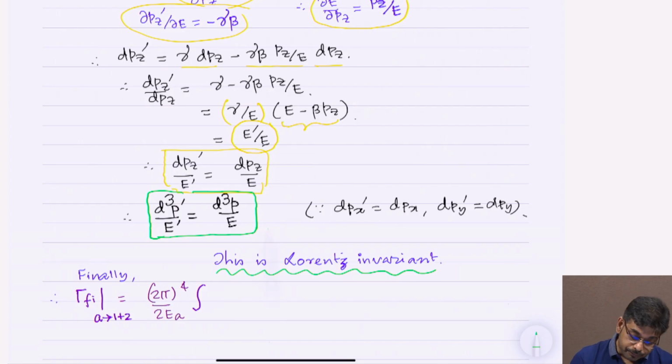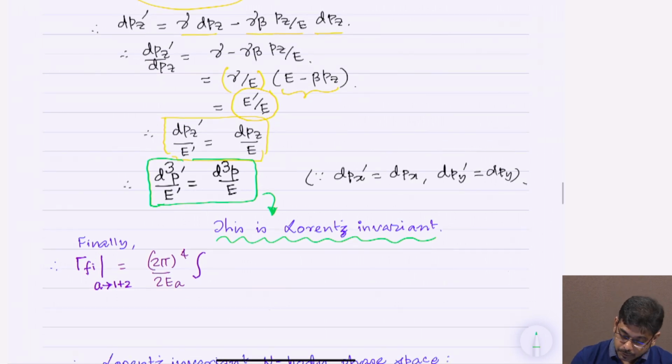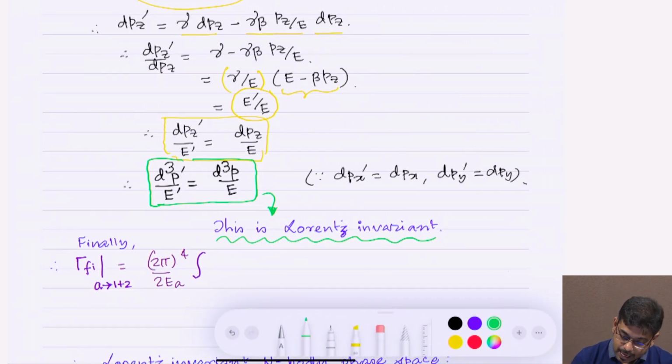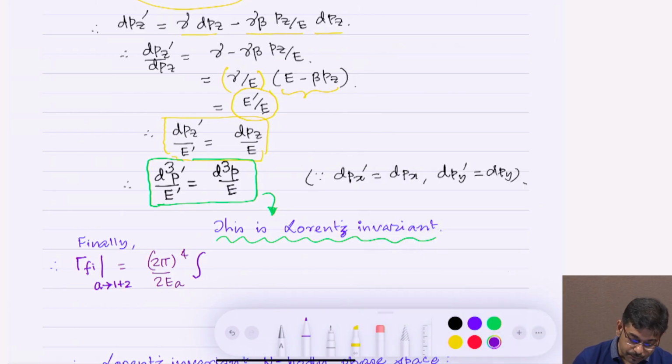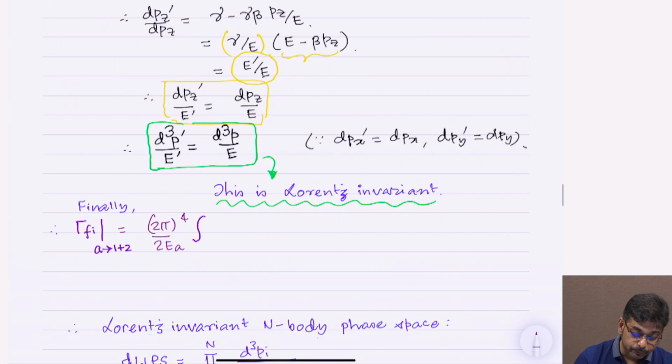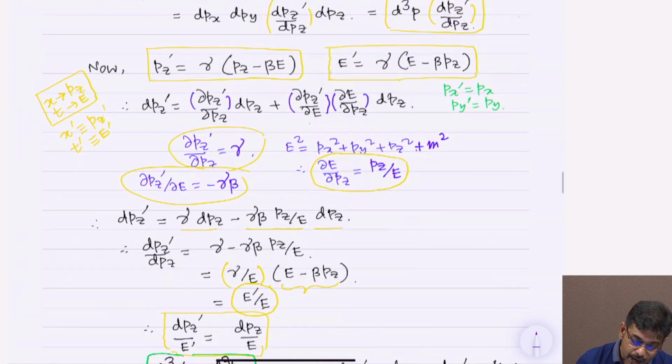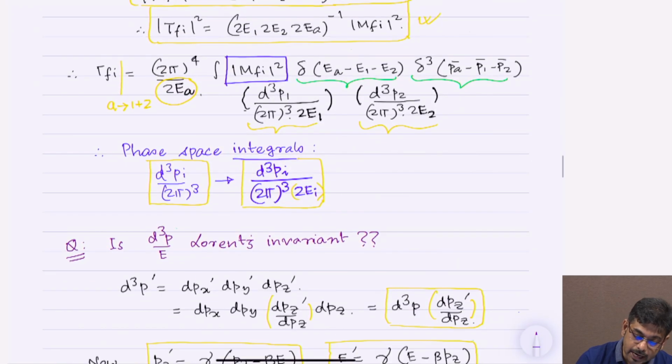So, now finally, we would like to once again get back to the expression of the decay width that we actually computed. So, we said that for the process A going to 1 2, how exactly we can write the decay width? The decay width will have a factor of 2 pi whole to the power 4 by 2 Ea, where Ea corresponds to the energy of the initial state particle A, and then I have the Lorentz invariant matrix element square, which I am calling Ma phi square, and then I have the factors of the delta functions.